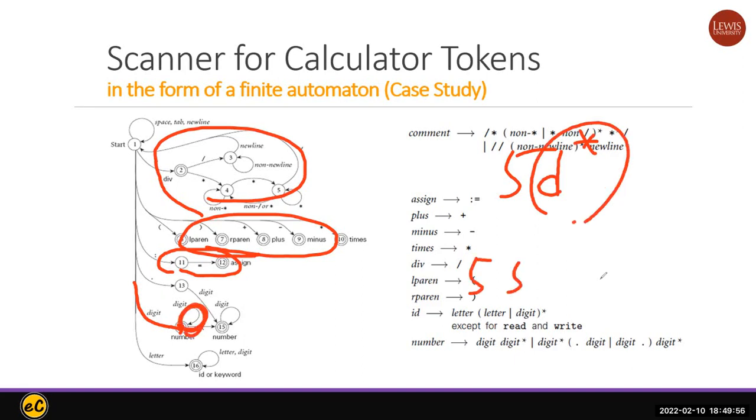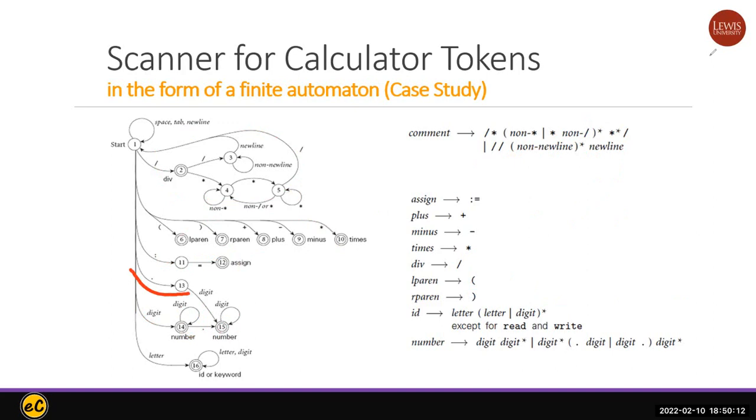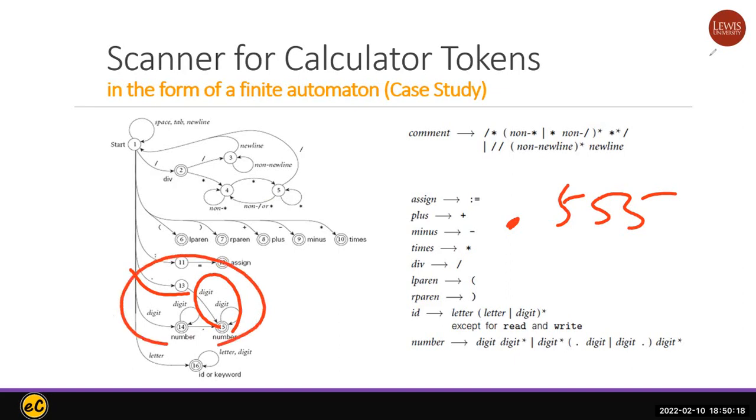Or you may have multiple digits followed by a period and then several digits. That is a real number. You can also have a point followed by digits, say .5555, and that is also a real number. So here we deal with the integer and the real number.